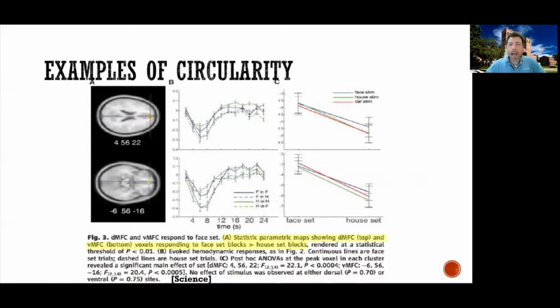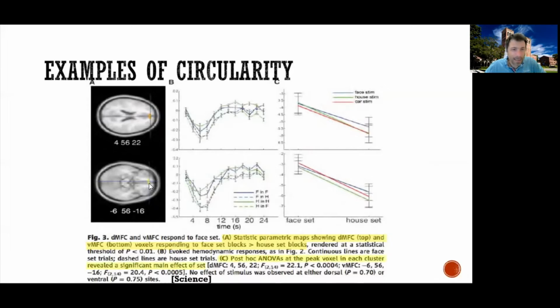In this study, they're showing the whole brain results for looking at faces versus looking at houses. And this piece of the brain right here turns out to be very active. And so what they then do is they say, okay, let's take this piece of the brain right here, and now let's do an ROI analysis in it.